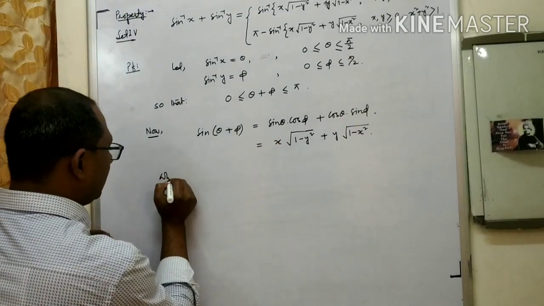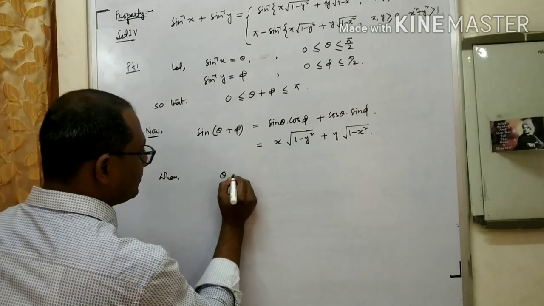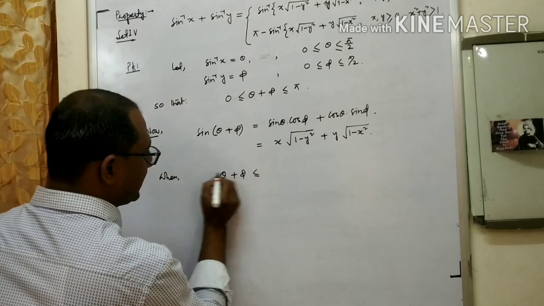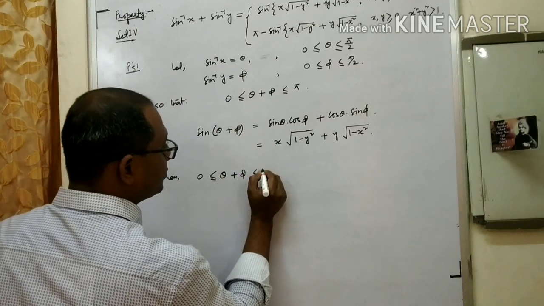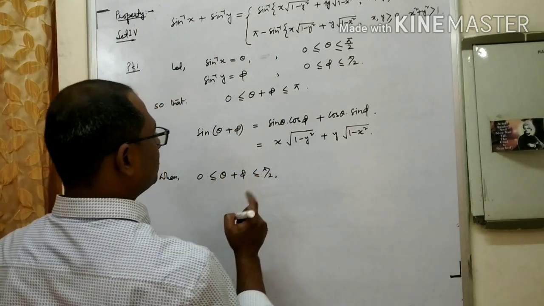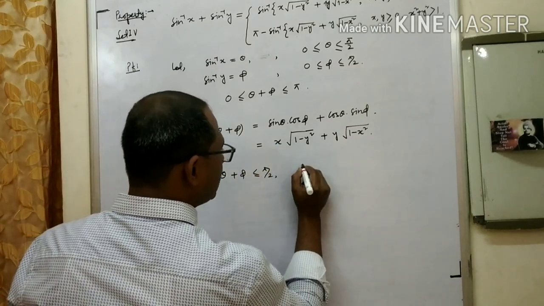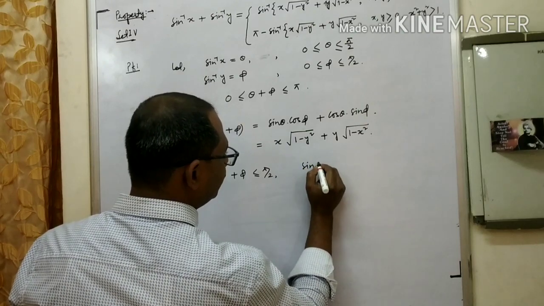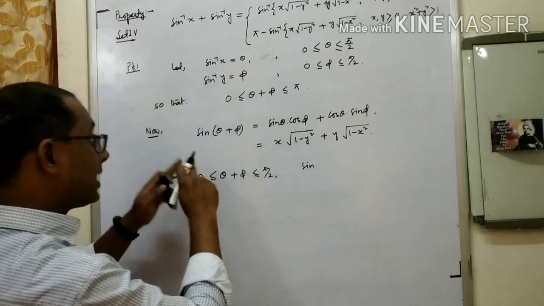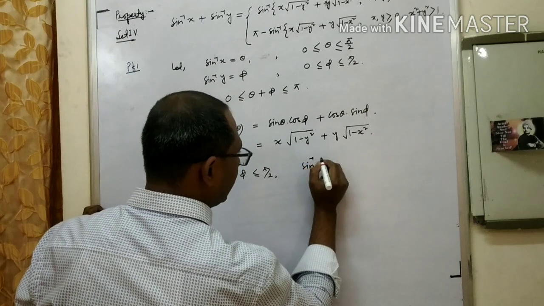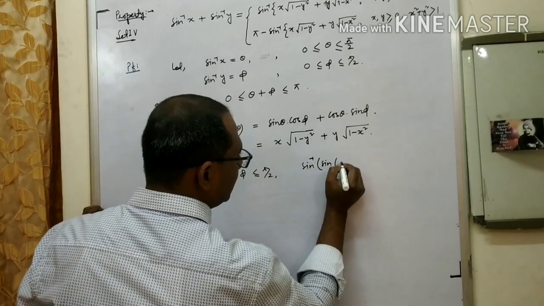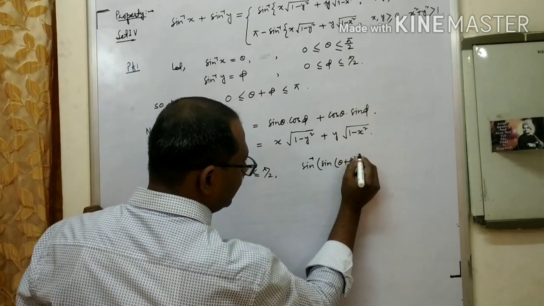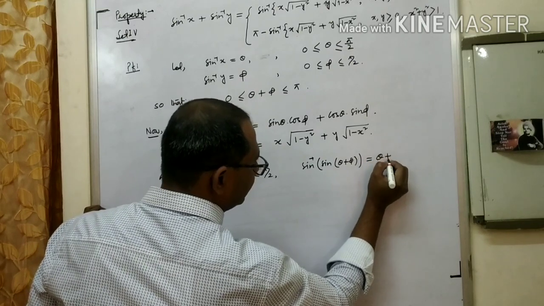When theta plus phi is lying between 0 to pi by 2, then sine inverse of sine of theta plus phi will give me theta plus phi.